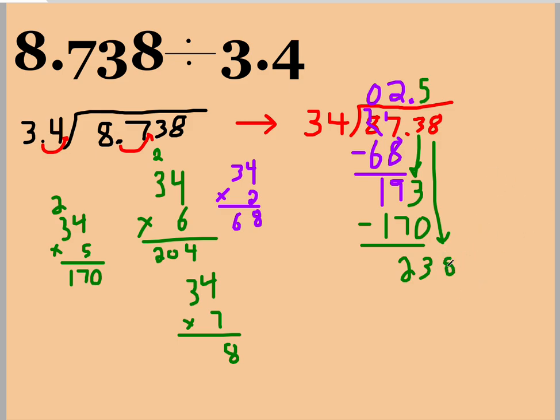It's an 8 here. 7 times 3 is 21 plus 2, 23, so 238. So 7 works out perfectly here. It gives me no remainder and nothing else to drop down. So my final answer is 2 57/100ths, or commonly known as 2.57.